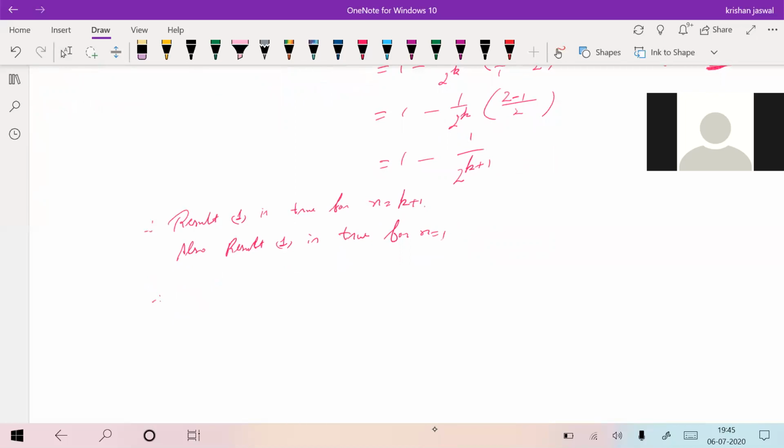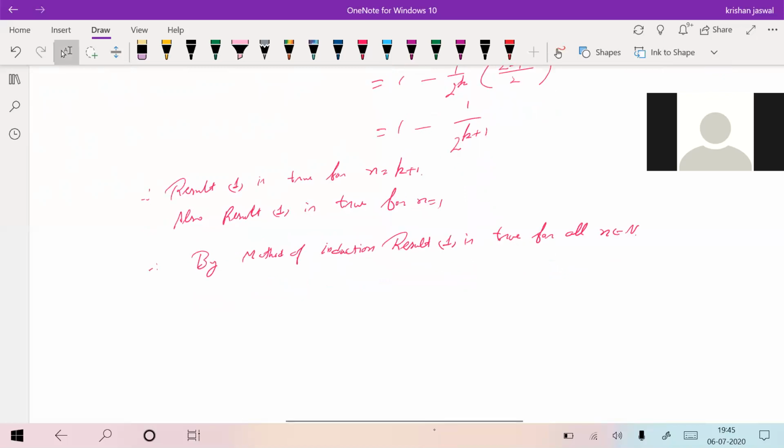Therefore, result 1 is true by mathematical induction, the method of induction, for all n belonging to natural numbers. Now, example number 5.